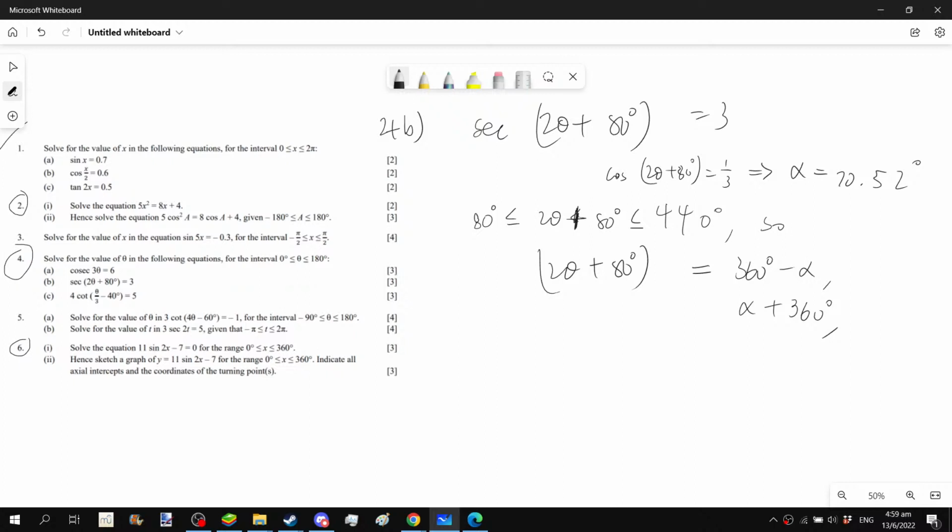So because of that, we will actually just stop here, and from here you will be able to go on to make theta the subject, right? So of course, I will leave the finding of theta for you to do by yourself. Just make theta the subject, minus 80 on the right hand side, and then divide by 2.